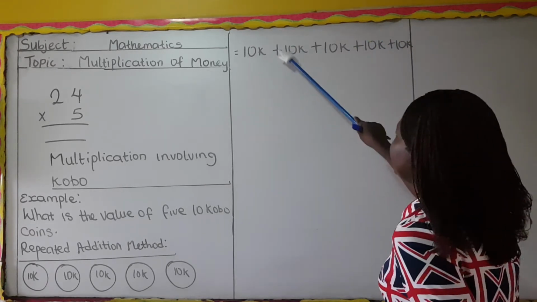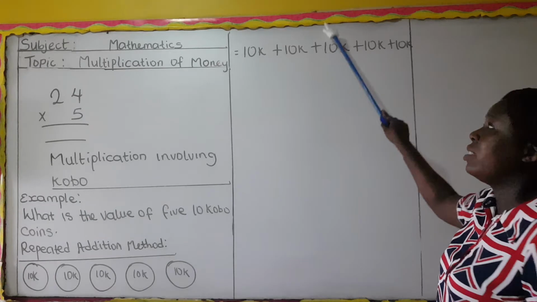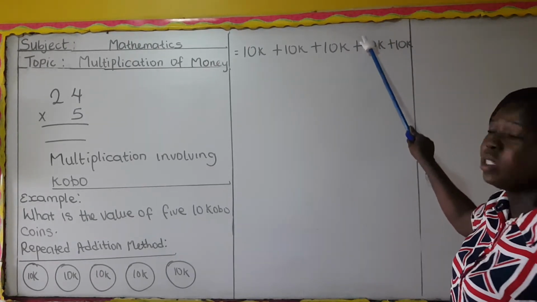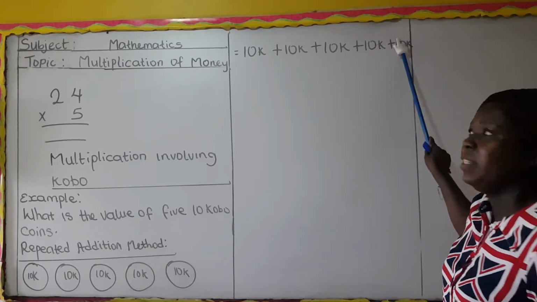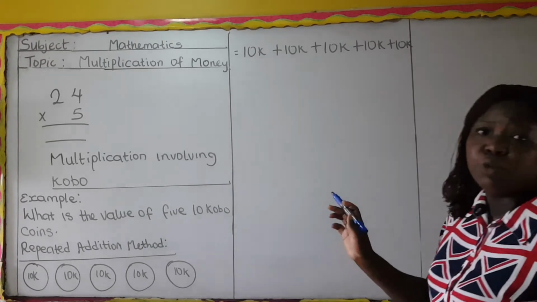And 10 plus 10 is 20, plus 10 gives us 30, plus 10 gives us 40, and plus 10 gives us 50. You can also arrange it in this form in your rough book.